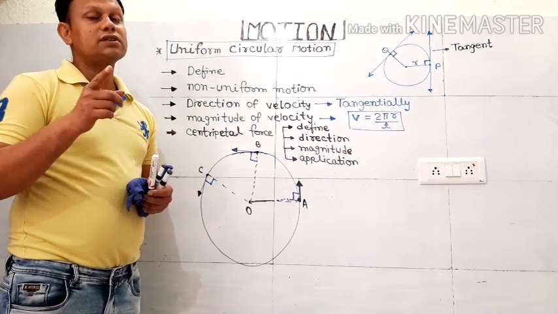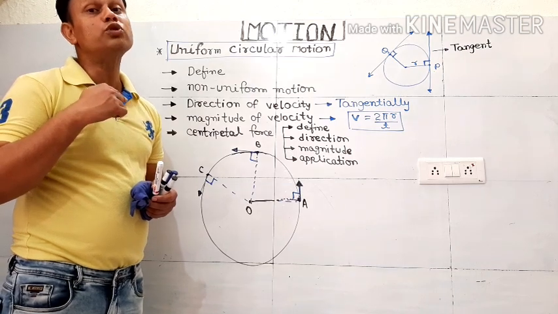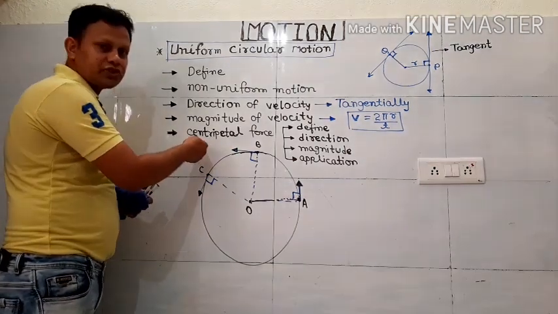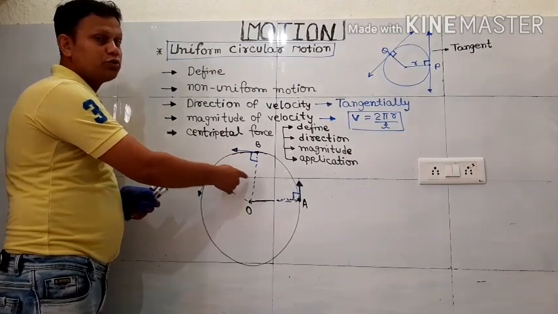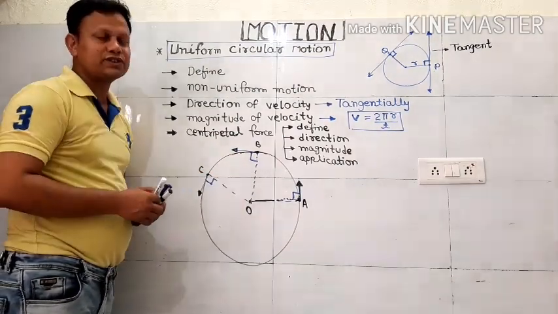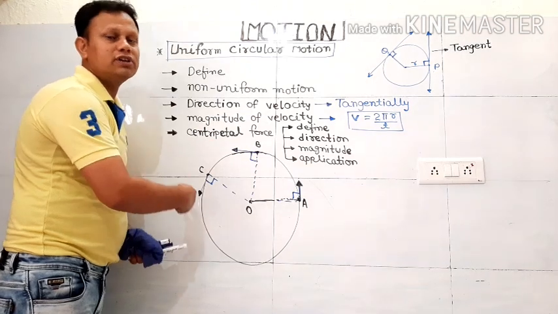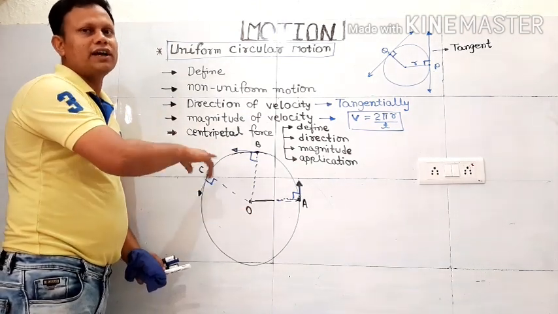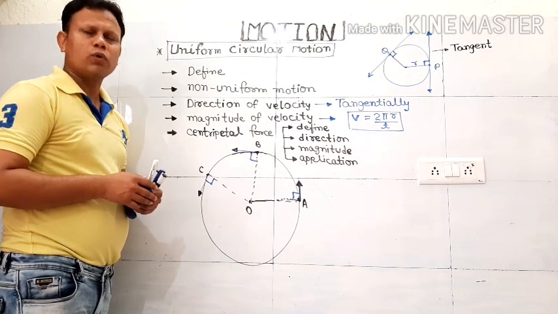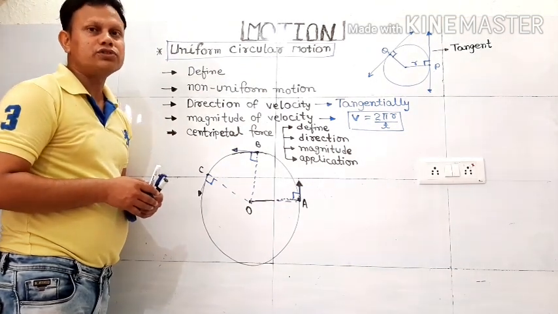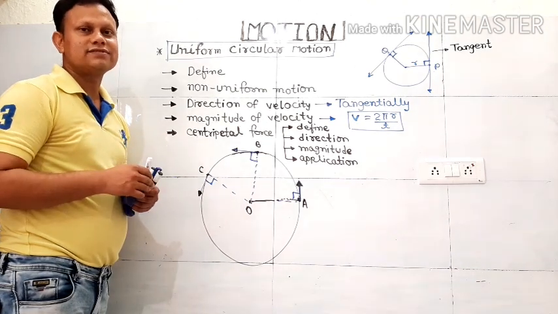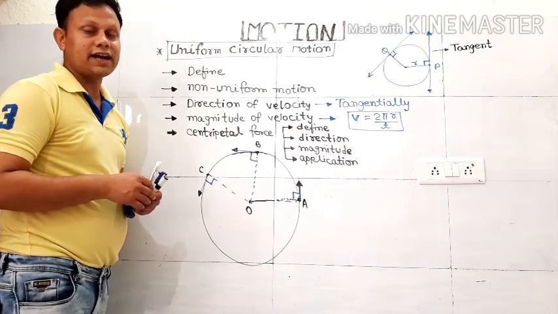So the body always has a tendency to move straight. It wants to move straight. But due to continuous force, the body is not allowed to leave the circular path as long as the force is provided. Then what if the force vanishes? That also we'll understand.